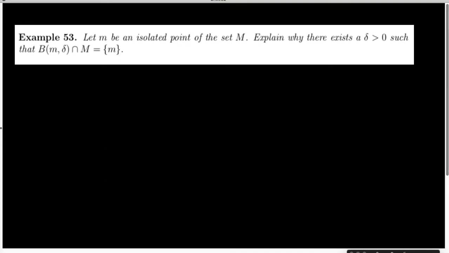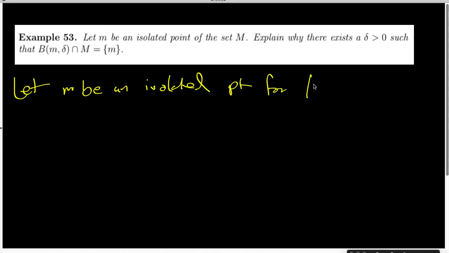So how would I go about solving this problem? We're going to start off by letting little m be an isolated point for set capital M. Here's the number line, and here's little m on that number line.